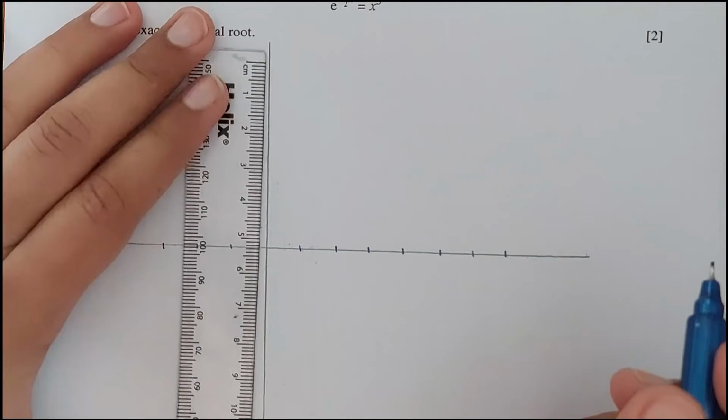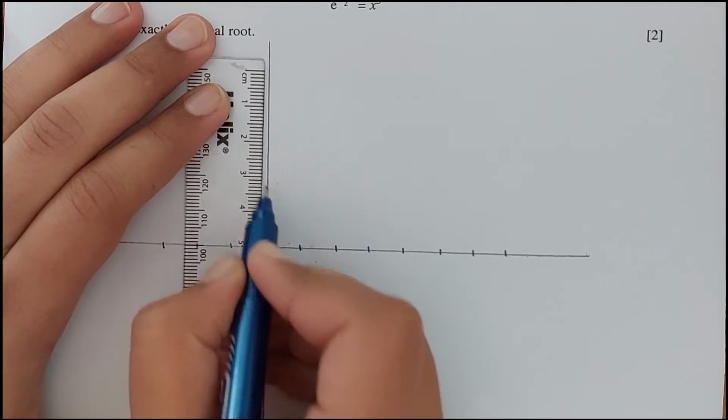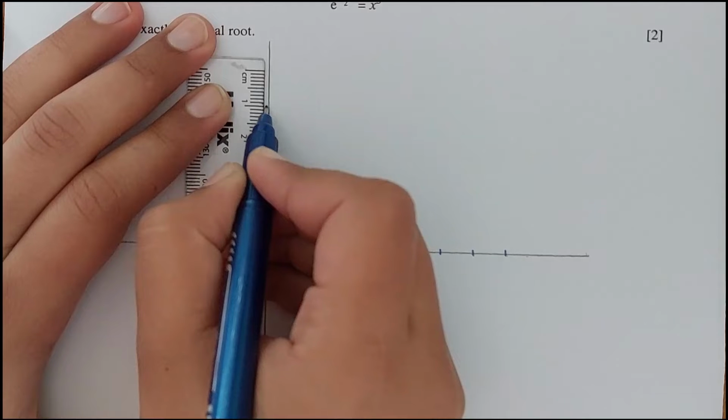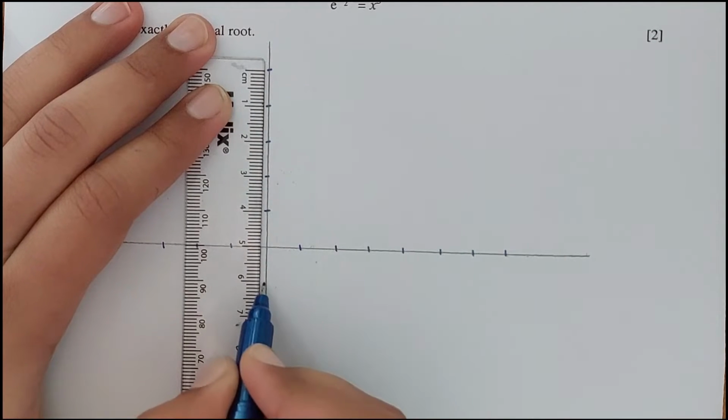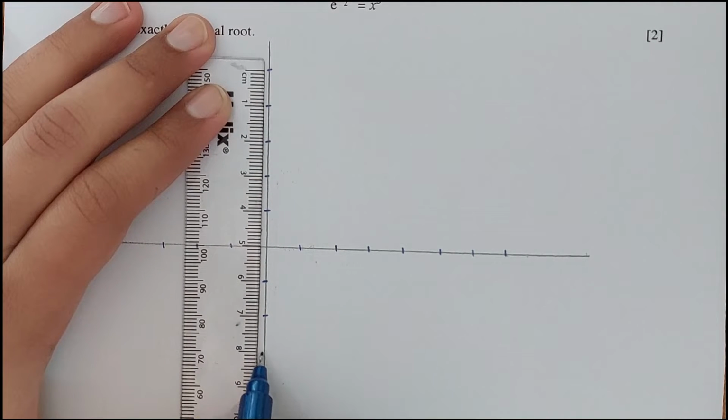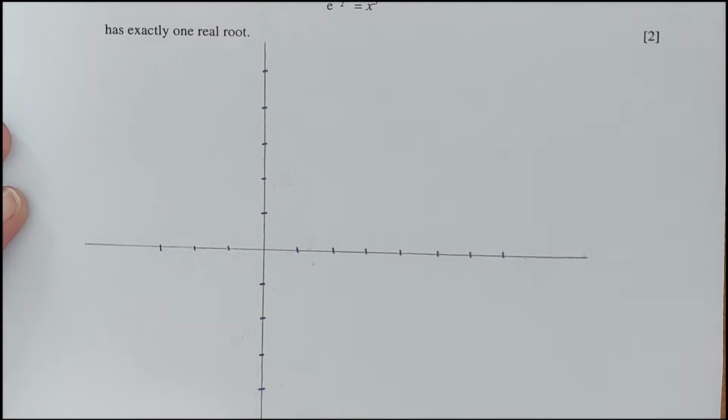And same for the y: 1, 2, 3, 4, 5, minus 1, minus 2, minus 3, minus 4, and minus 5. Right. Let me sketch the graph for the first one.